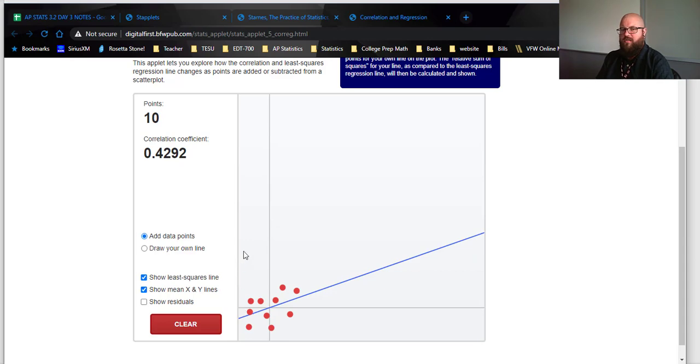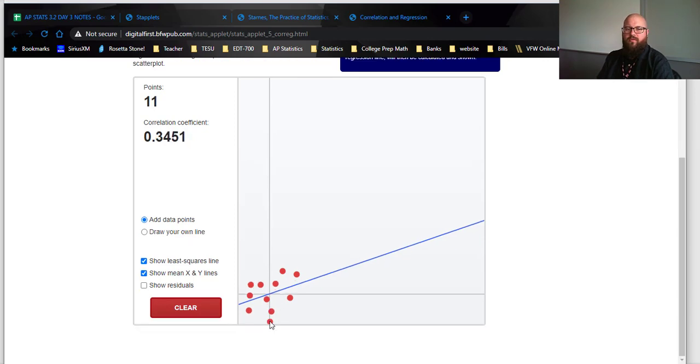Alright, so let's see what happens if we put a dot way down low. If we put one below, the slope stayed the same. Our y-intercept decreased though, it dropped down a little bit, and the correlation decreased as well, as we saw. So again, I'll click that dot again to make it go away. As you can see, our correlation jumped up to 0.492.